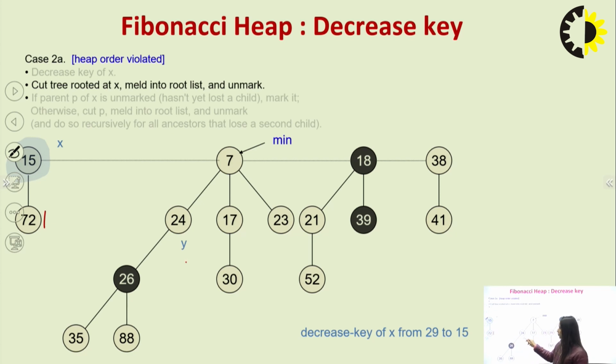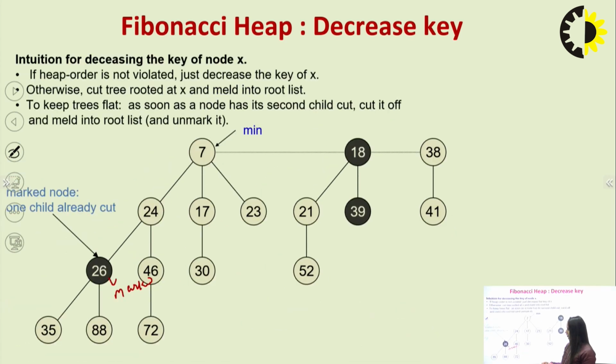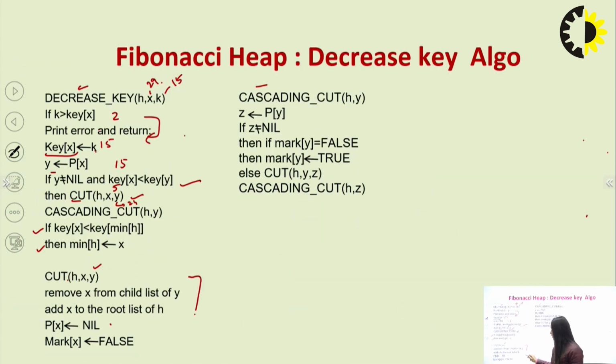This is the parent of x. Now if this is a marked node, I unmark it. Its parent is now nil, it does not have any parent. We follow these 4 steps here, right?